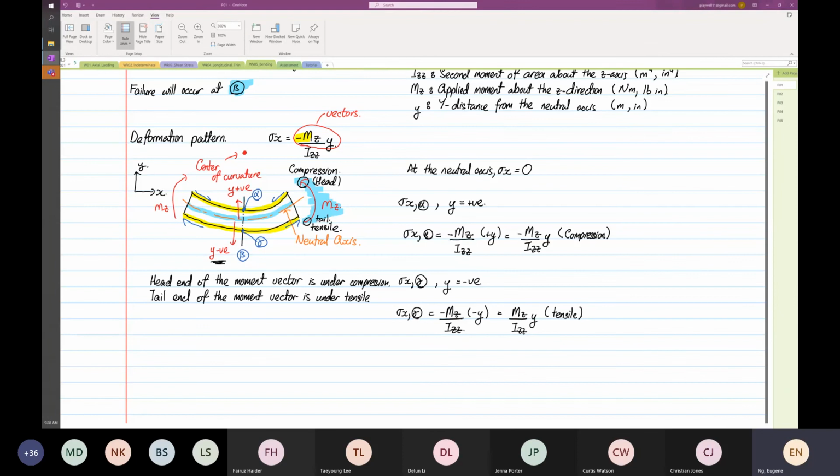Right. Now I'm going to give you another situation. I'm going to draw our transformation. This is our x, and this is y. Now what if the deformation is this way?